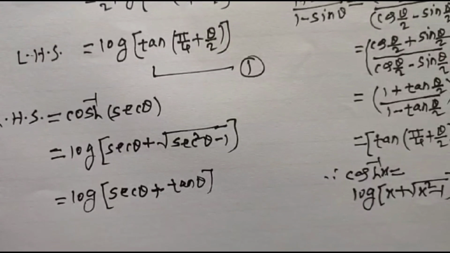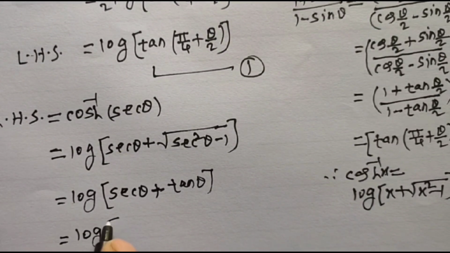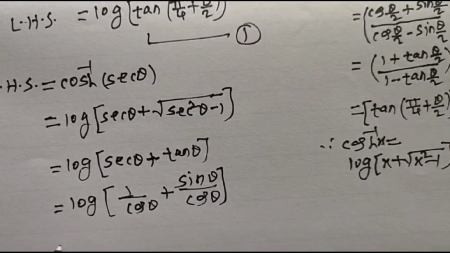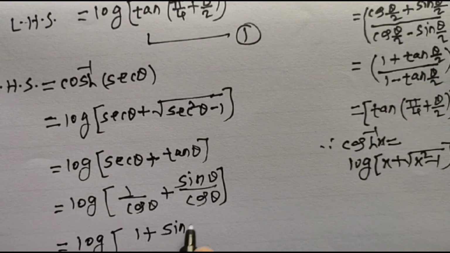Now sec theta is equal to 1 upon cos theta and tan theta is equal to sin theta upon cos theta, and this is equal to logarithm of 1 plus sin theta divided by cos theta.